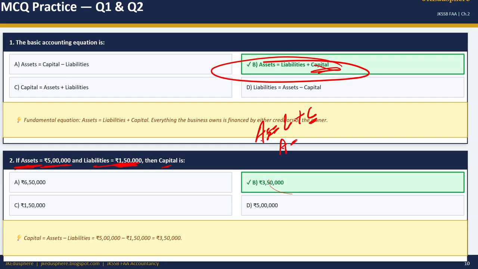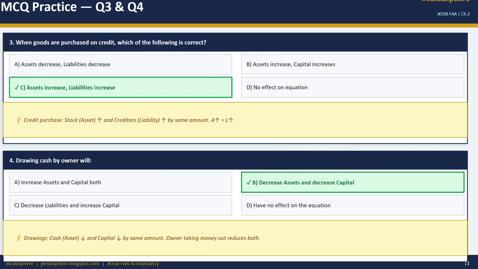So asset minus liability is equal to capital. We are given 5 lakh and 1.5 lakh. So what will be capital? 3.5 lakh, right? So this is the answer.